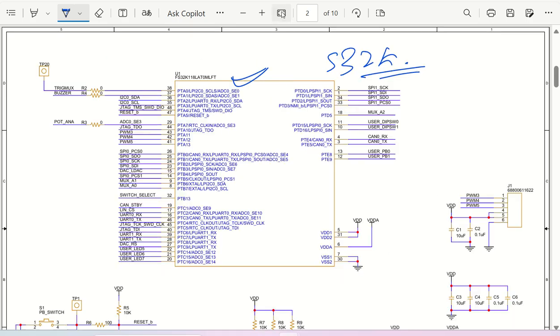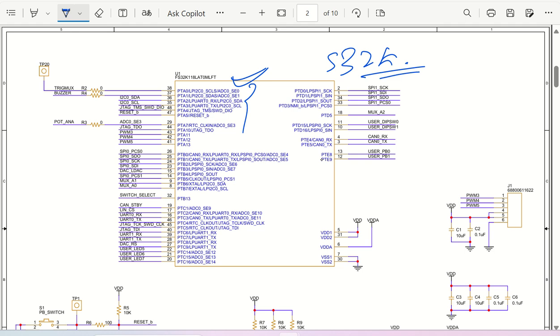As we have seen here, this is the microcontroller symbol that has been arranged port pin wise. So it is PTA0 to PTA13, similar to that PTB0 to PTB13, and we have PTC1 to PTC16, and similar to that we have PTD0 as well as PTE.